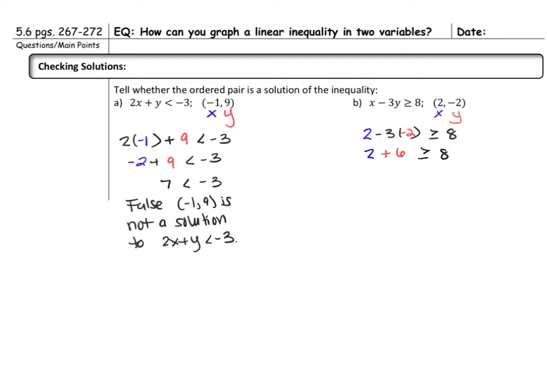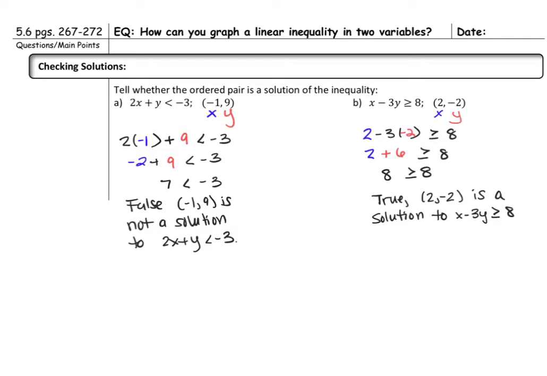And then 2 plus 6 is 8, so 8 is greater than or equal to 8. So this one is in fact a true statement. Because it has the or equal to, 8 can be equal to itself. So this is true, meaning that (2, -2) is a solution to x minus 3y is greater than or equal to 8.